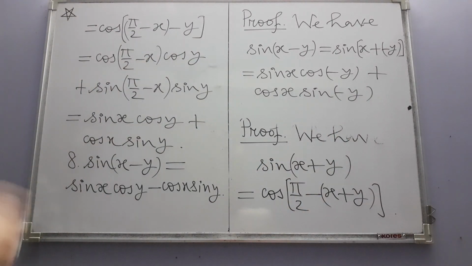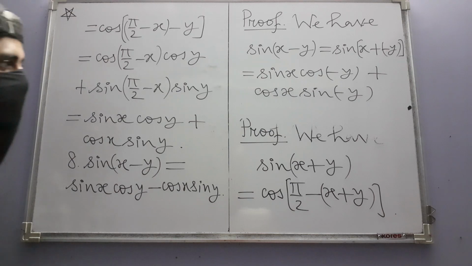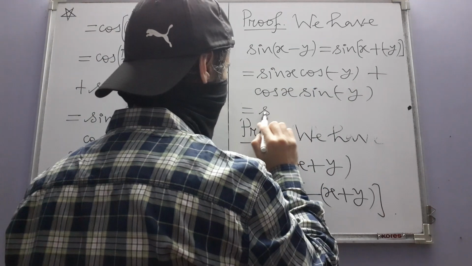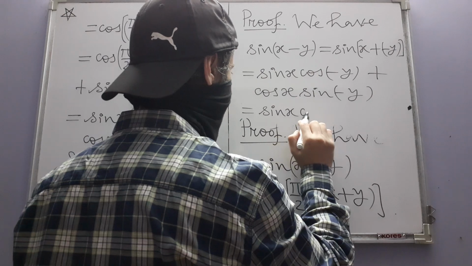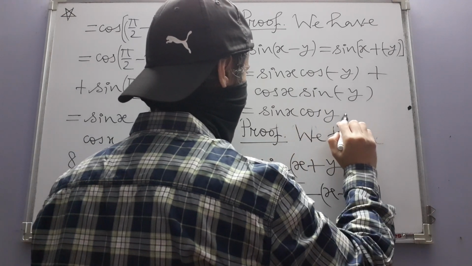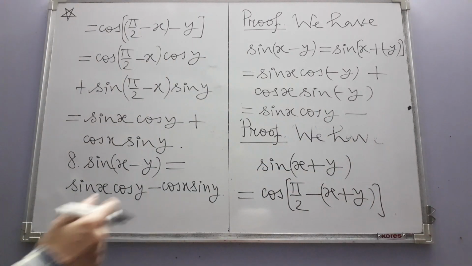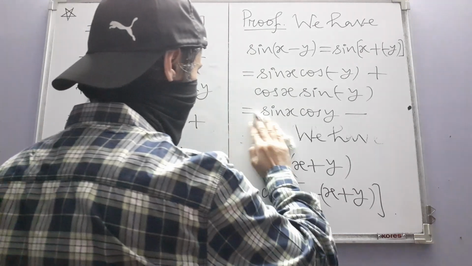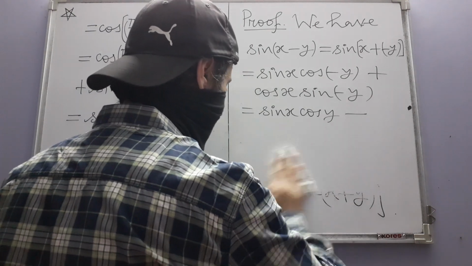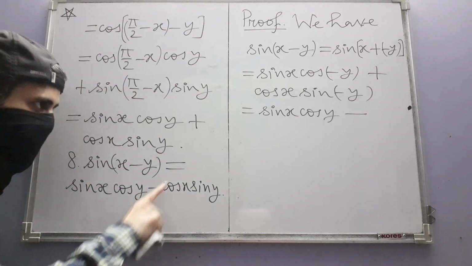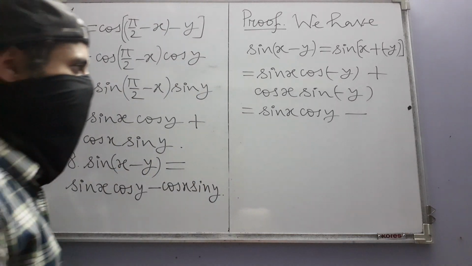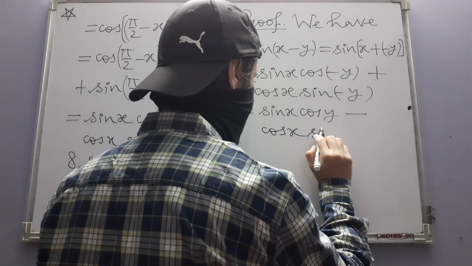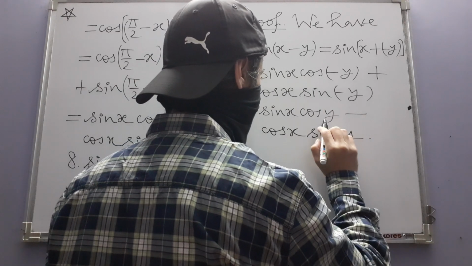And then you recall your first two identities. Cos(-y) is simply cos y, but sin(-y) is minus sin y, so that minus sign will come in the middle. And that's how you get this minus, minus cos x sin y.